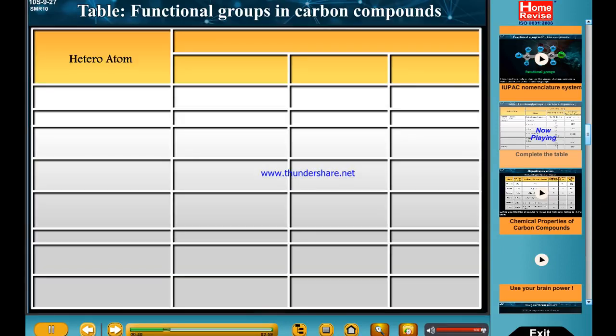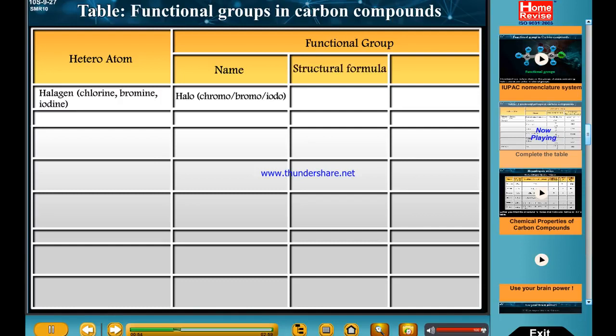Heteroatoms are halogens, that is chlorine, bromine and iodine, which are named as halo, that is chloro, bromo, iodo. The structural formula is X, Cl, Br, I, and condensed structural formula is X, Cl, Br, I.